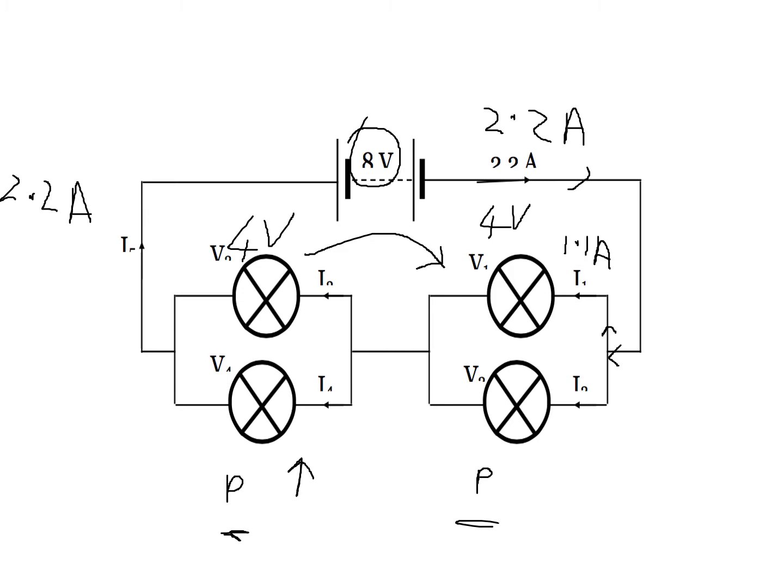So then if there's 4 volts in total and they're in parallel, that means there must be 4 volts going across this bit here as well. And then there are 4 volts going across this bit here as well. Okay, and hopefully again, you can see the reasoning, the logic behind that, and you can understand why it's 4 volts and not 8 volts as you might assume. Okay, folks?